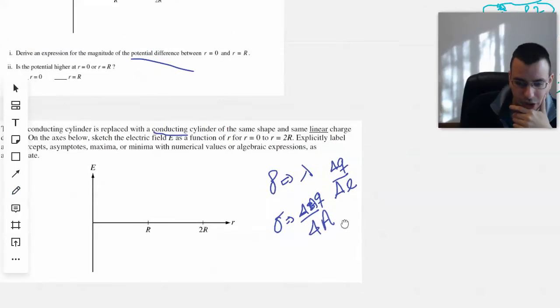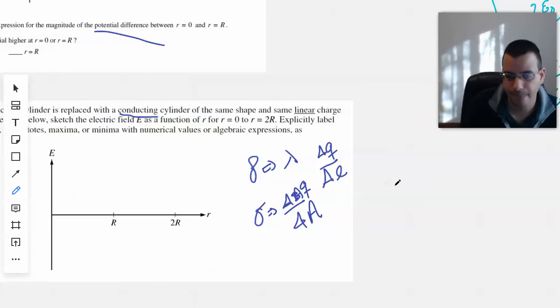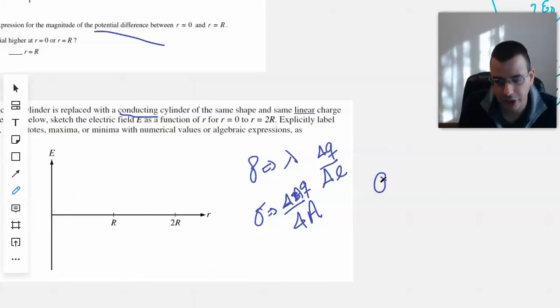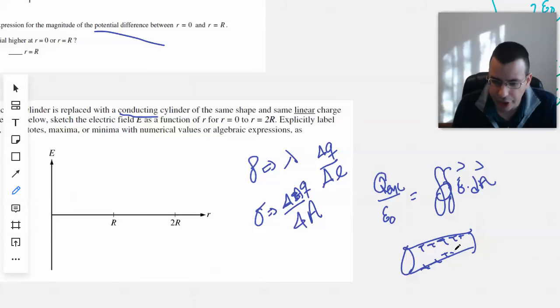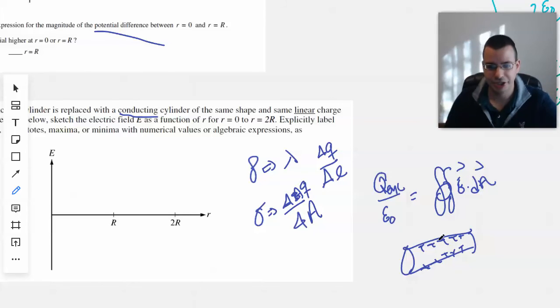Alright, so I'm going to quickly write out Gauss's law. Gauss's law is Q enclosed over epsilon naught equals the double integral over the surface of E dot dA. When you look at the cylinder, all the charges are at the surface. I know we can draw the surfaces here too, but my artistic talents are limited, so bear with me.